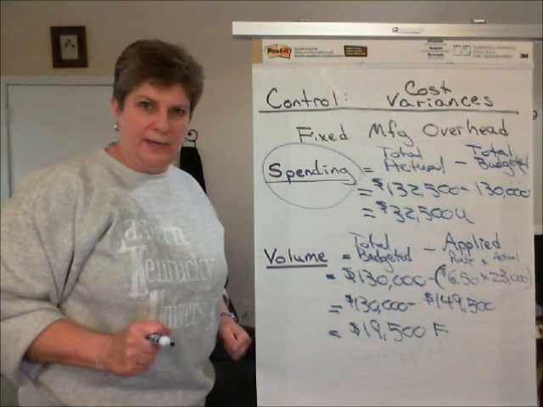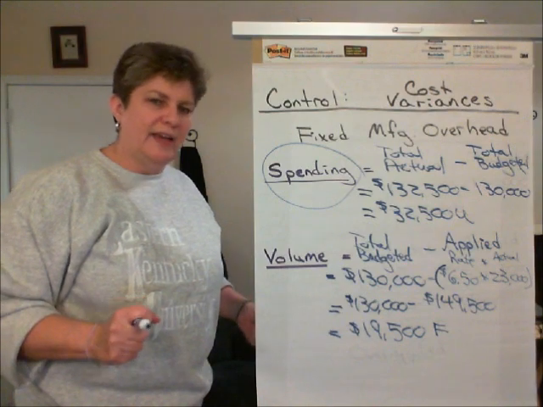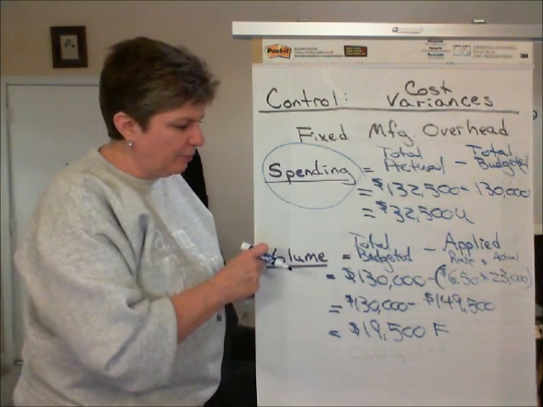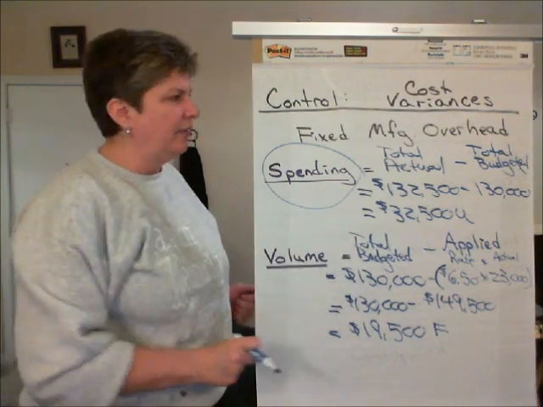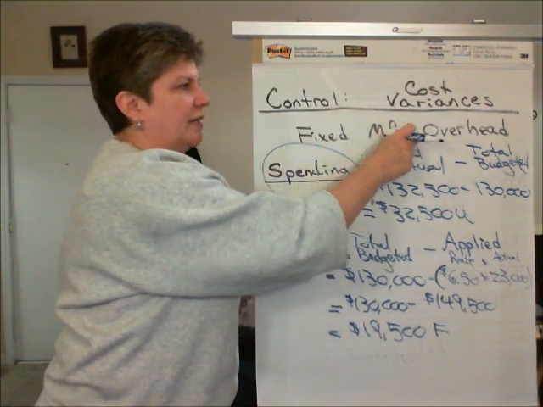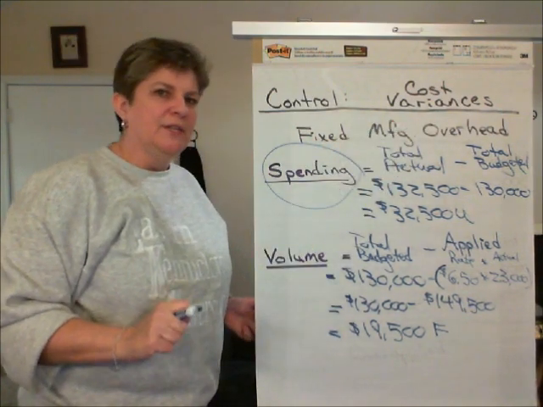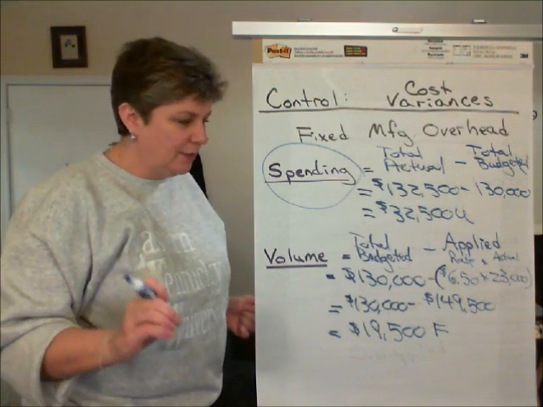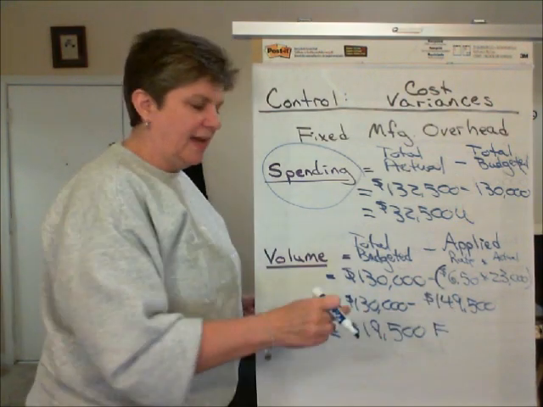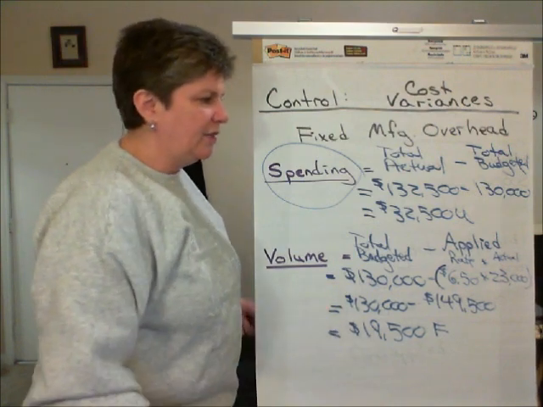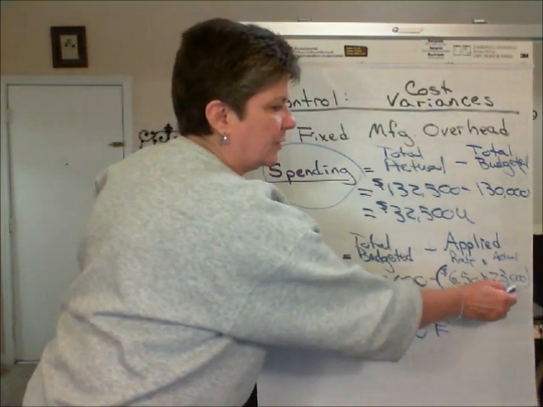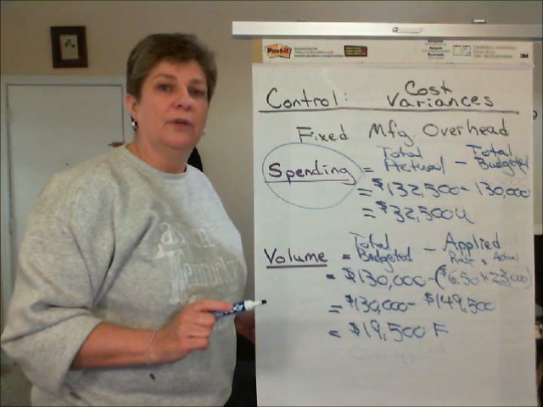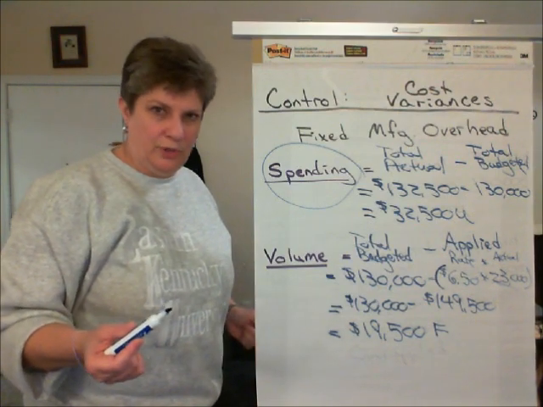And that's a favorable variance. Why is it favorable? Well, remember what type of cost we're dealing with. Fixed manufacturing overhead. So if fixed manufacturing overhead applied was greater than that which was budgeted, it is because we produced more units than we had planned to produce.